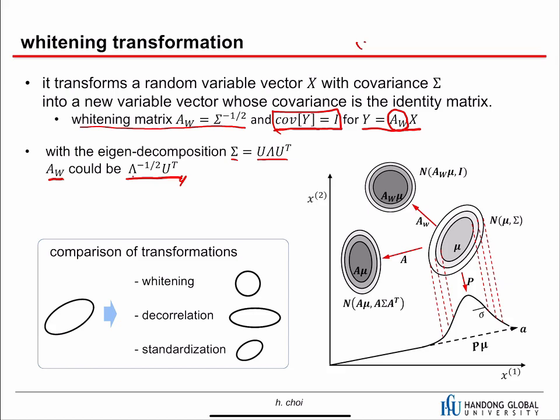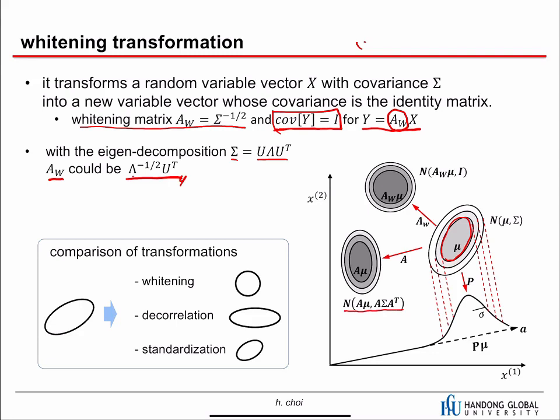And let's take a look at this figure on the right side. So let's say this one is the original Gaussian distribution, and we want to transform this one into some other vector space by matrix A. Then in general, y has this distribution.